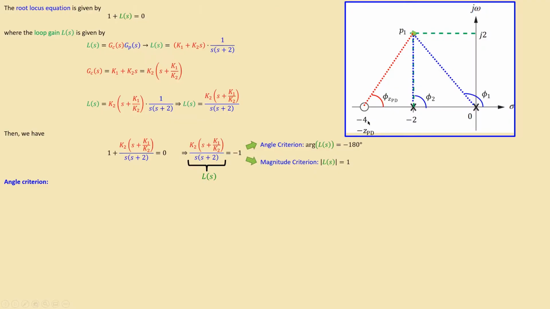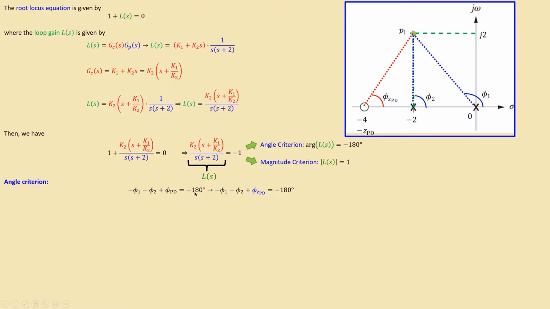I've already added the value of that, but it will of course be determined shortly. ZPD is the designation for the zero of our PD controller. So this diagram will be discussed shortly in more detail, but this is what you should sketch for yourself to determine the phase and magnitude contribution of each zero and pole of your system.